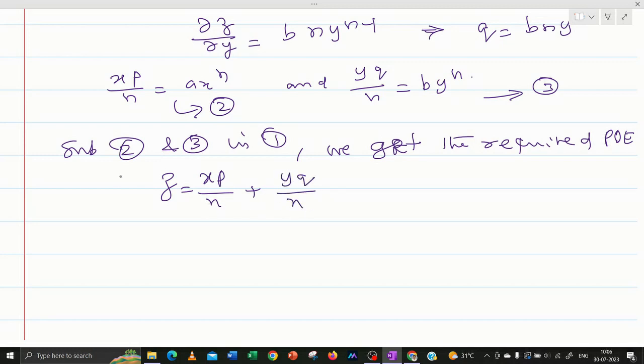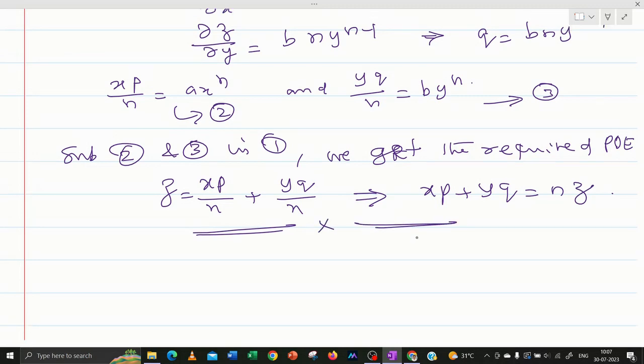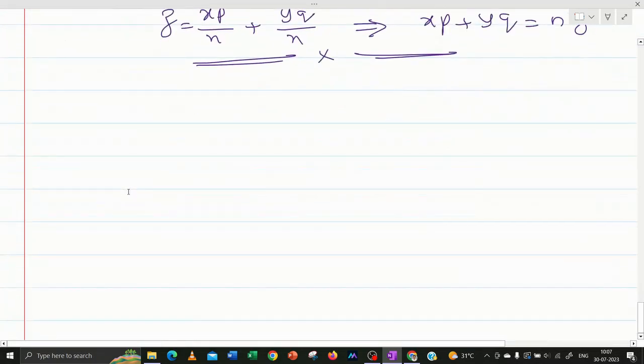Take n as LCM and cross multiply, which gives x p plus y q equal to n z, is the required solution. Last one is fourth problem. Next we will discuss one more problem.